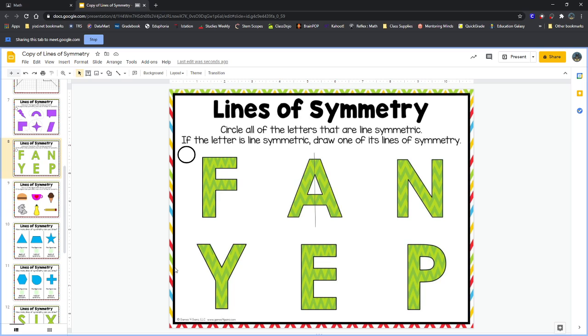What about the letter Y? Does the letter Y have any places where I could draw a line and get two sides that are the same size and the same shape? Ezekiel?